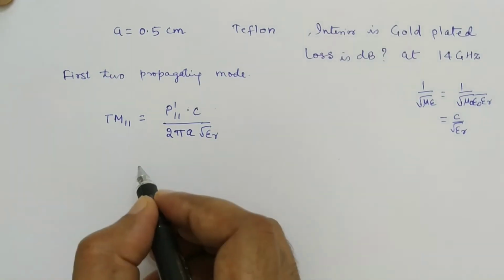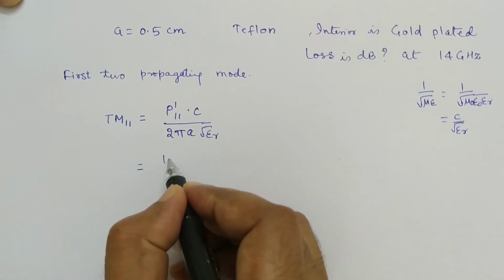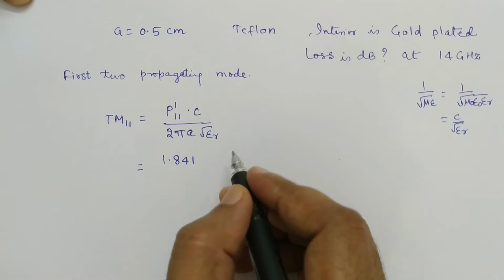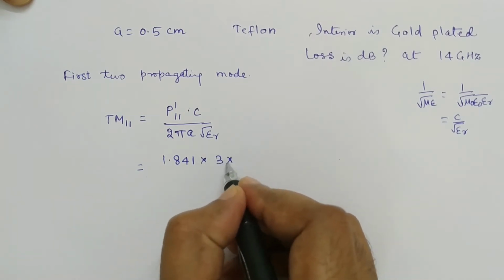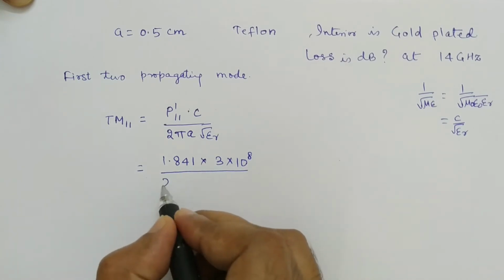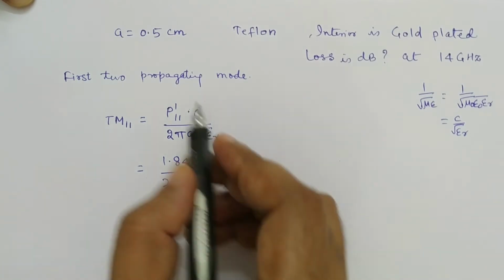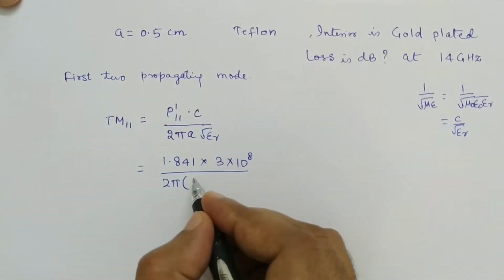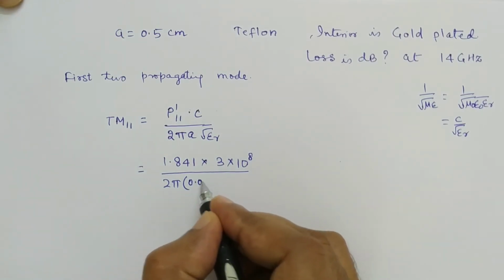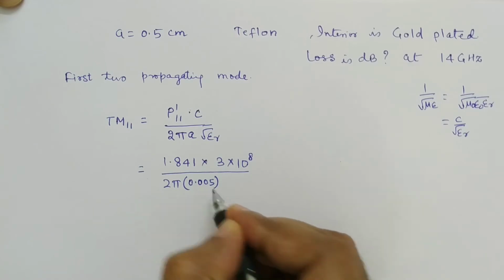So when we put the values, this value is 1.841 multiplied by C, 3 into 10 to the power 8, divided by 2 pi, and the radius is 0.5 centimeter, which means 0.005 meter.